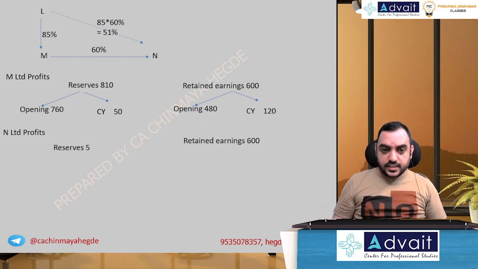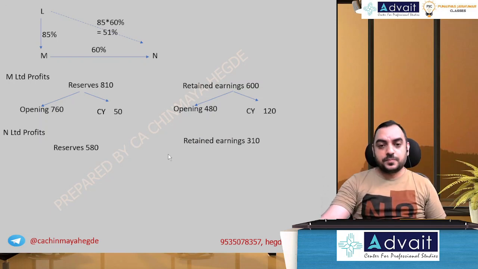So 580 is reserves, 310 is retained earnings. This also will be divided into opening and current year.